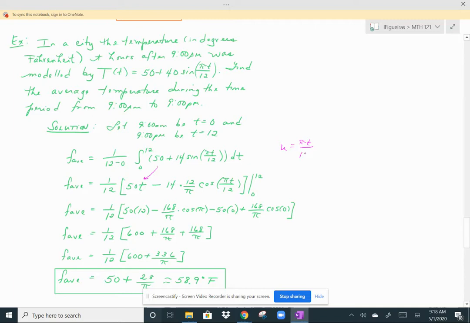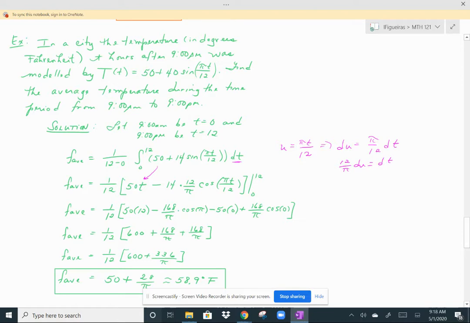So the inner function is pi t over 12. So du is pi over 12 dt. And if I solve for dt, which is what you have here, you get 12 over pi du equals dt.